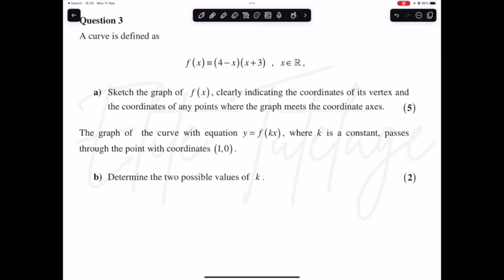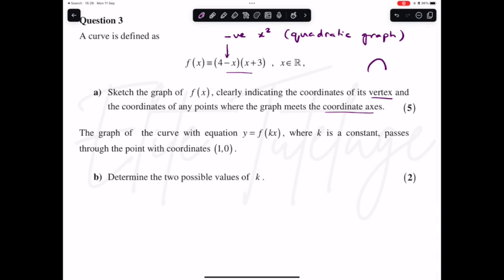Now for question number 3, we are given a curve. And for this, we have to sketch, including the coordinates of its vertex and the coordinate axes. So now bear in mind there's a negative, and a negative quadratic or x squared graph will look slightly different to our usual graph, and that's just an upside down curve.